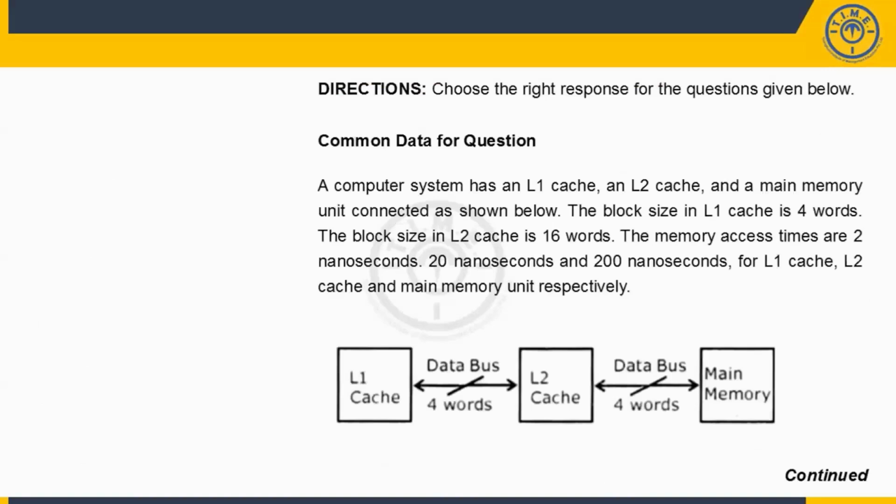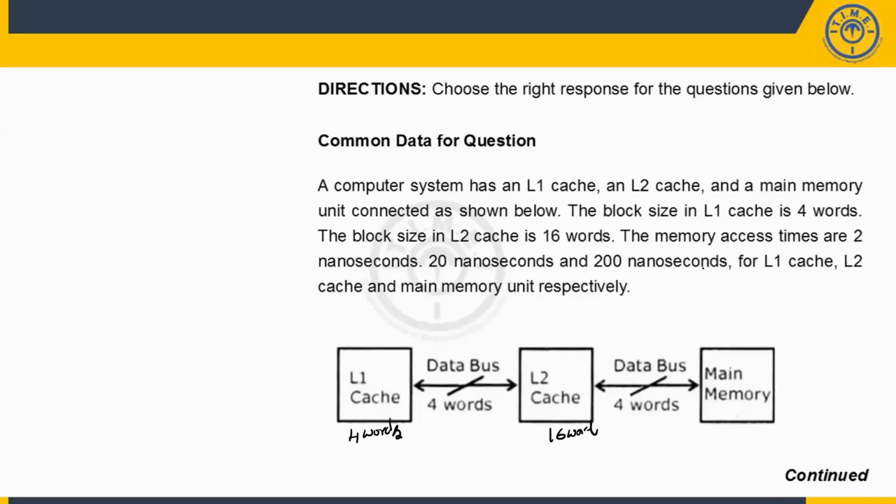Yeah. Next question. Choose the right response for the questions below. The computer system has an L1 cache, an L2 cache and a main memory unit connected as shown in the figure below. The block size in the L1 cache is 4 words. Okay, the block size in the L2 cache is 16 words.